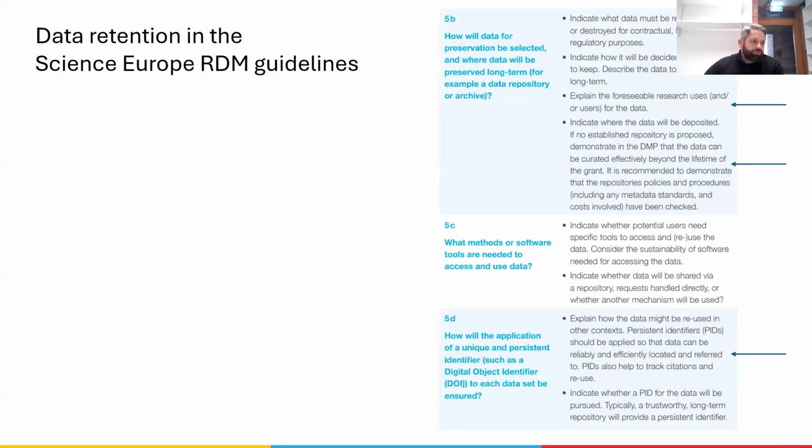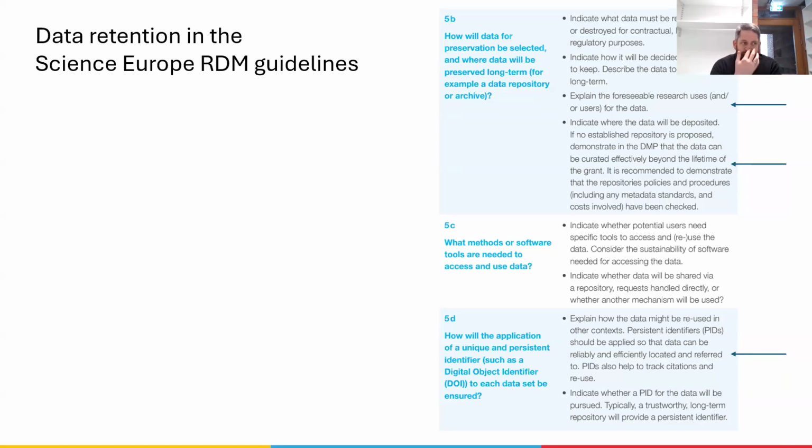In section 5b, then, the criteria in the research management plan for data sharing and long-term preservation should be that it provides details of what data collected or created will be preserved in the long term, clearly indicates for how long. For preservation, they provide clear steps, and they say that a well-written plan for research data provides details of what data collected will be preserved, and clearly indicates, again, for how long.